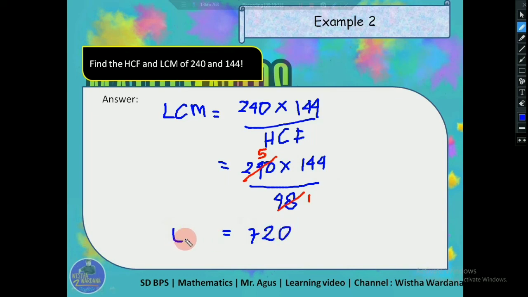So this is the LCM of 240 and 144, without using the prime factorization method or division method again.